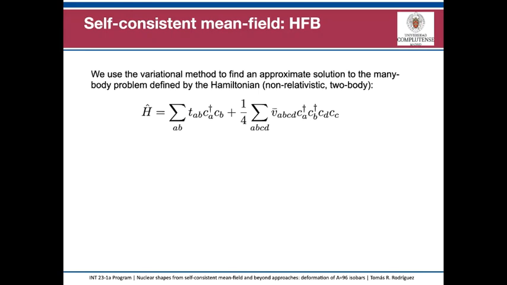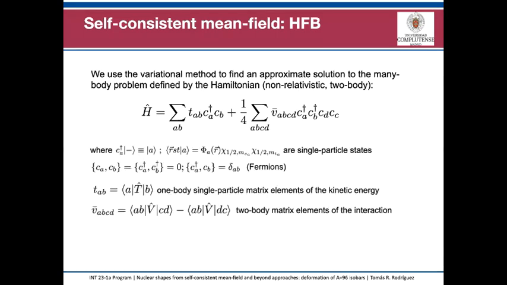Then let's start by describing a little bit the Hartree-Fock method, because this is what we call the self-consistent mean field. And this is precisely where the nuclear shapes are well defined. In this case, we start with our Hamiltonian written in second quantization as usual. We have these operators that create and annihilate fermions in a given state, and these are completely arbitrary.